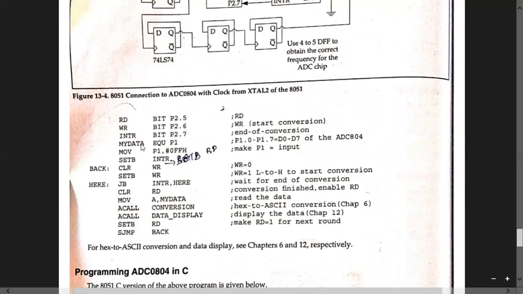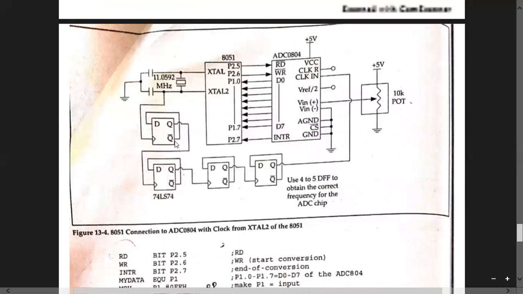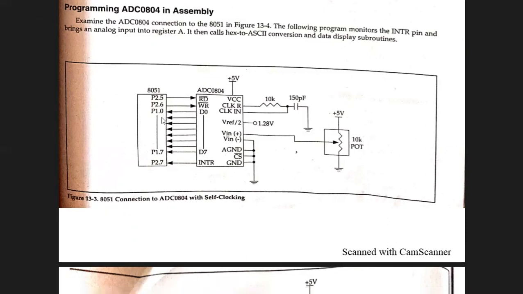Then in the same way the data is given to port 1. You can see in the pin diagram, data is given to port 1. Why have we directly given port 1? Because from P1.0 till P1.7, all the 8 bits are used for the data only, right?